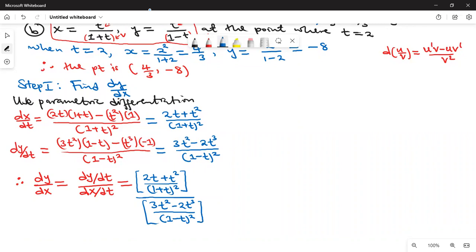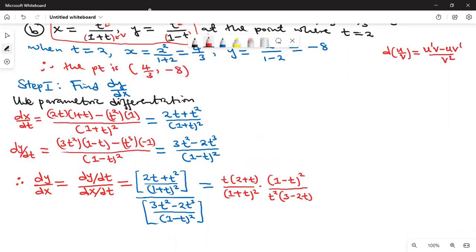Are we able to rewrite this? Yes, this is the same as writing, of course, (2 plus t) over (1 plus t), and this is squared, times the reciprocal of the denominator, that is (1 minus t squared) over, there we have t squared common, t squared outside, into (3 minus 2t).